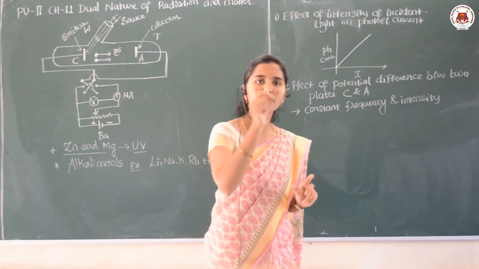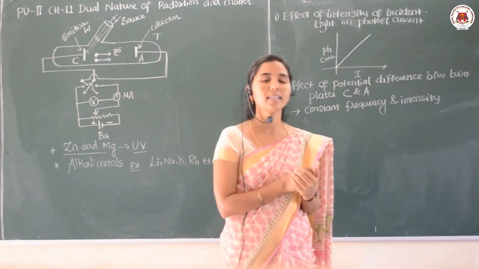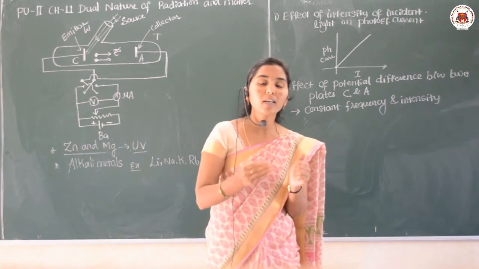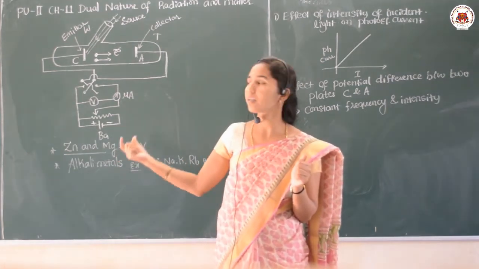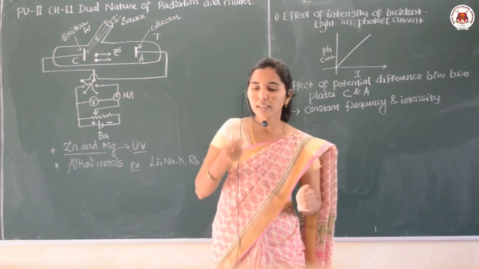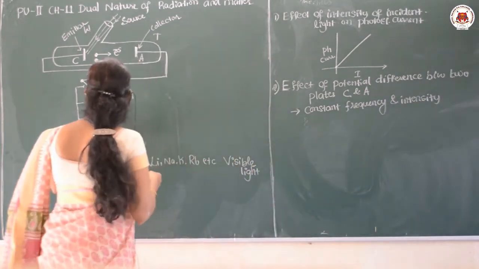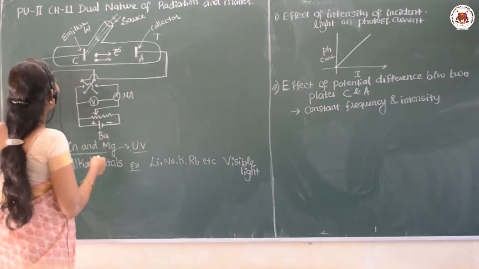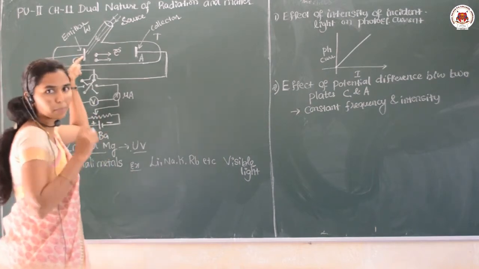Yes. So, the first point to note here is, if the PD across the ends of that plate increases, see here, PD is increasing, this is connected with what? The emitter plate.